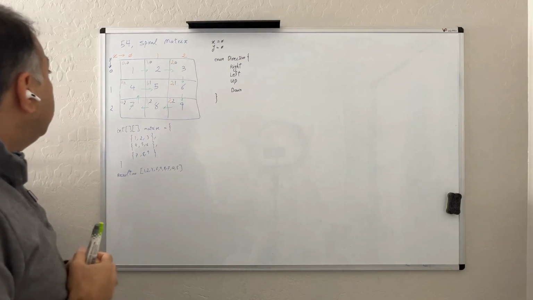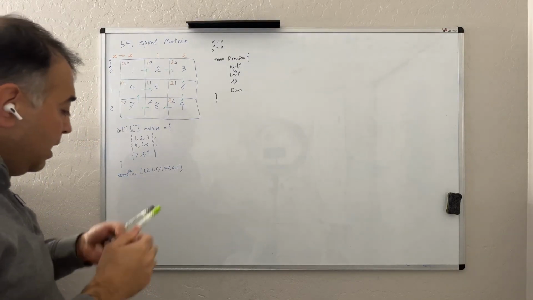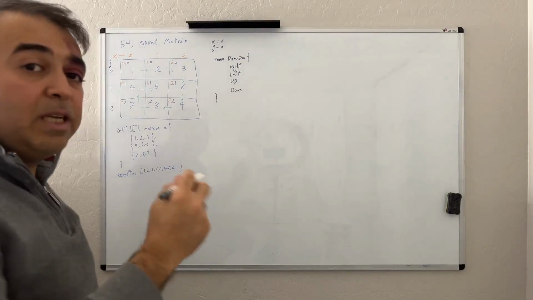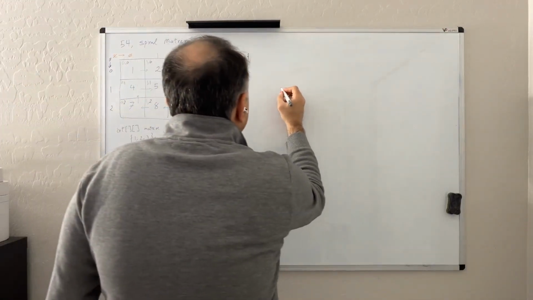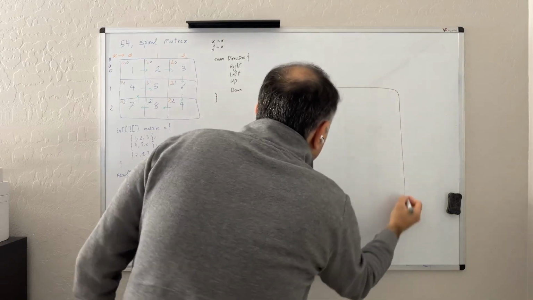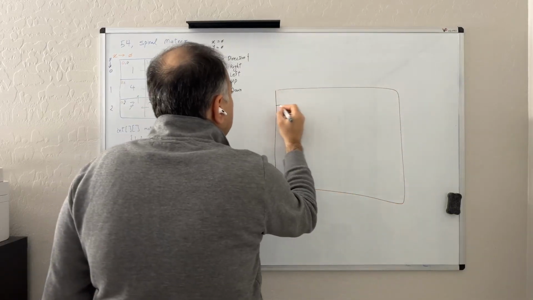What else do we need? Let me draw a slightly bigger matrix to make it clearer. Think that we have a matrix like this.